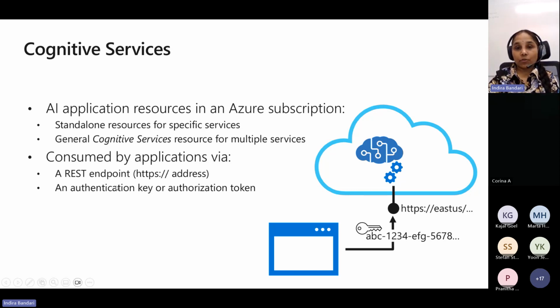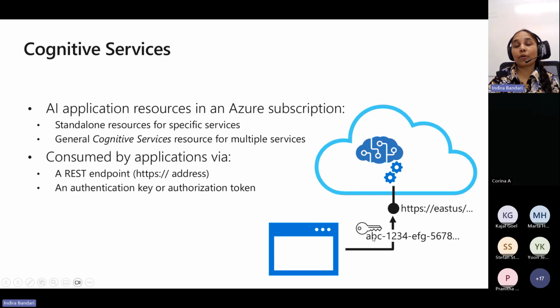So this is the subscription, and you have a key and an endpoint. This will be the endpoint, which starts with HTTPS. We will be using all this, so I'm just introducing you to some terms so that you know what this is. So there is a key here.